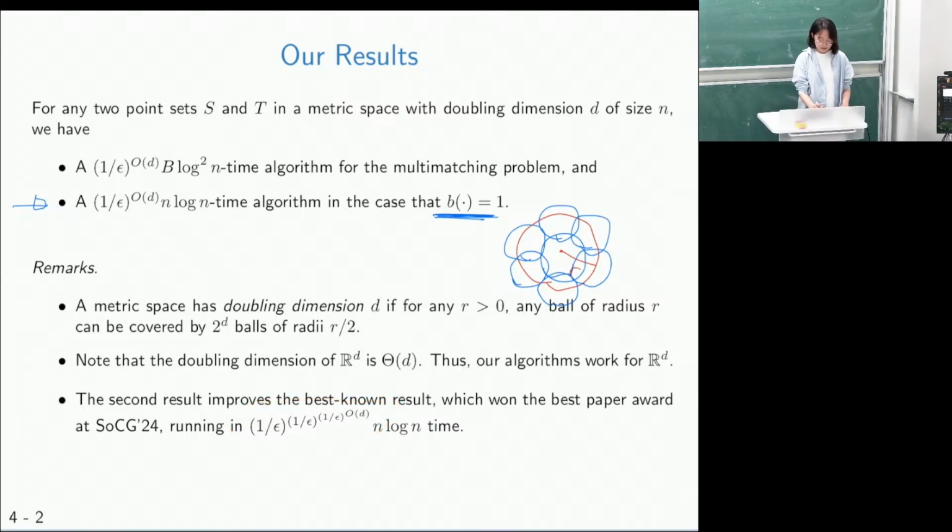But in our case, it is polynomial. Here epsilon is the approximation parameter, right? Yes. The approximation factor is 1 plus epsilon.